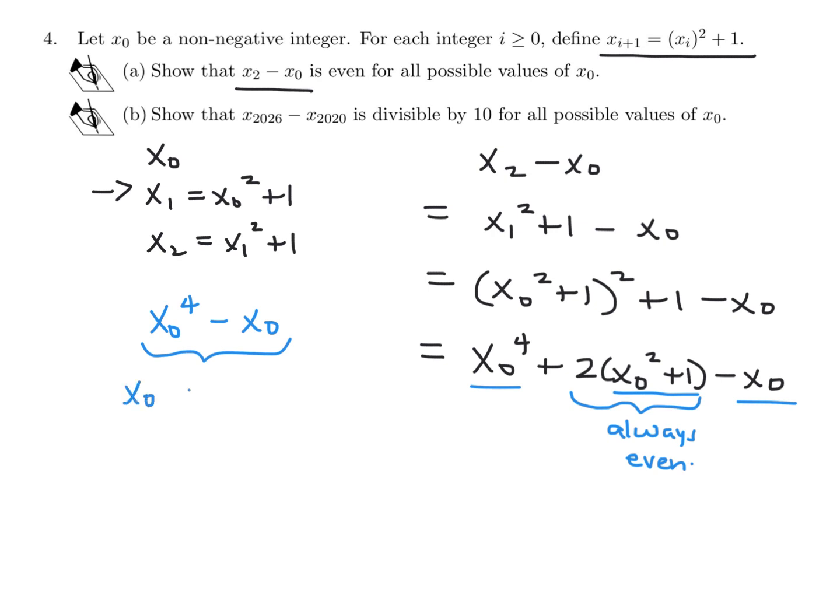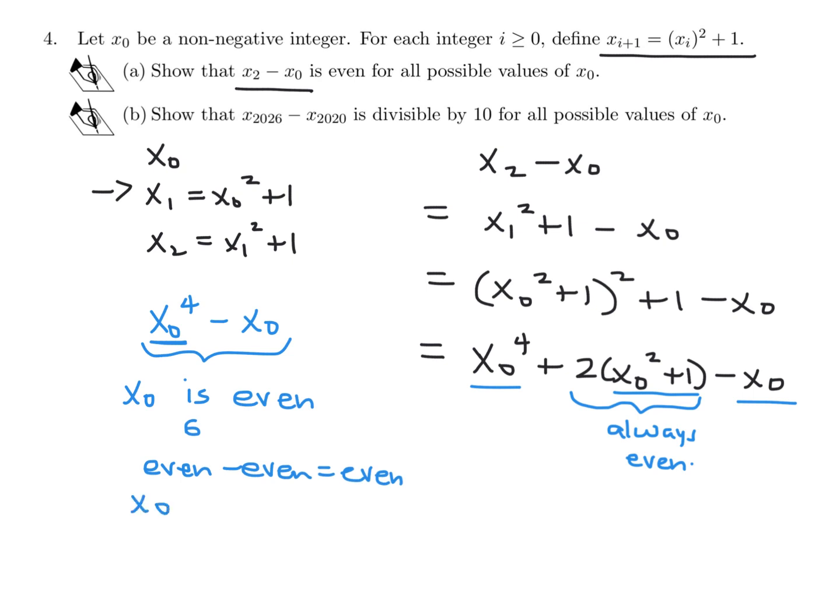If x0 is even, then you'd have, for example, the number 6. Or whatever, it doesn't really matter. Then this expression would be an even minus an even, which is an even. Got it?